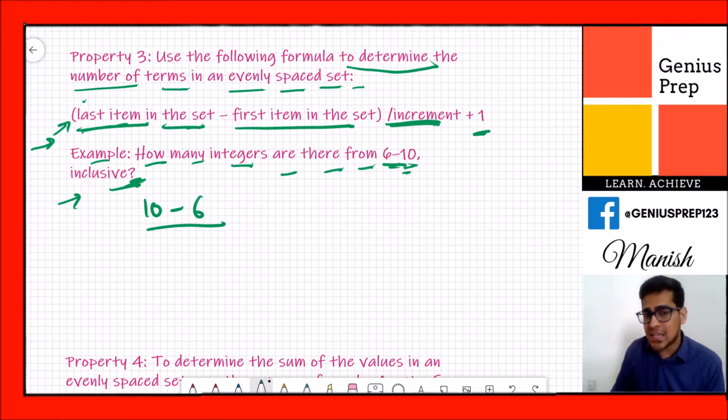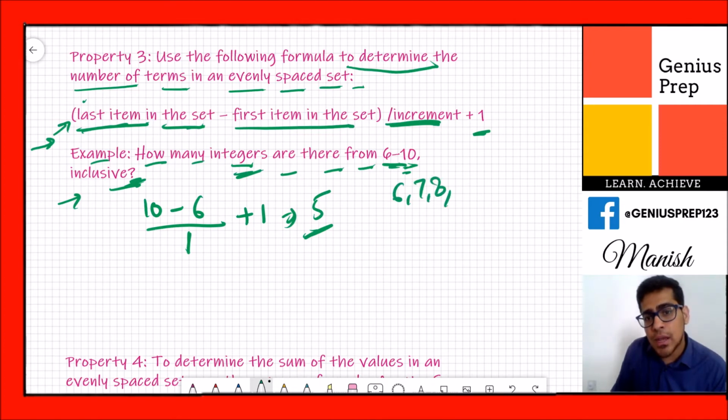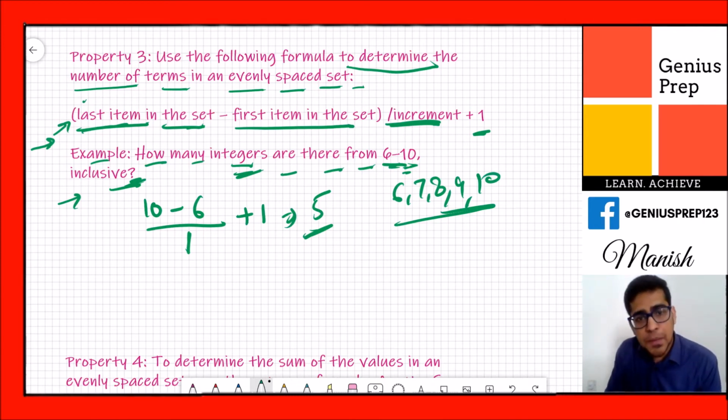Here it is just saying integers, so it can be 6, 7, so the increment is 1, plus 1. So 10 minus 6 is 4, divided by 1, plus 1, so 5 is the total number of integers. You can count also: 6, 7, 8, 9, 10. This is a very simple example.